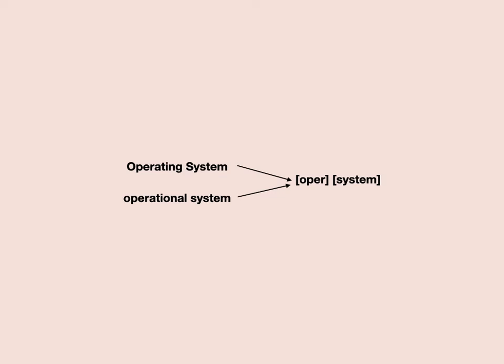All of our searches for operating system are going to pull up operational system text. Now, really think about that. That's problematic because we know that operating system is a key idea. It's a specific kind of thing in the world. This is just another discussion of phrasing, right? Phrases.